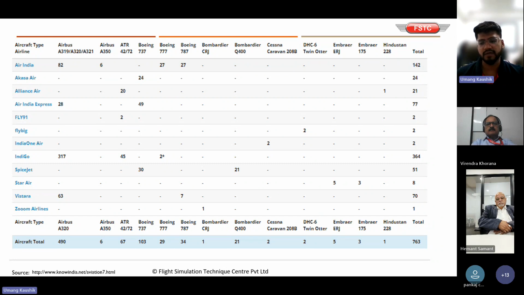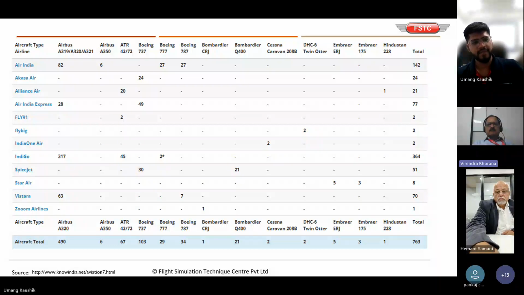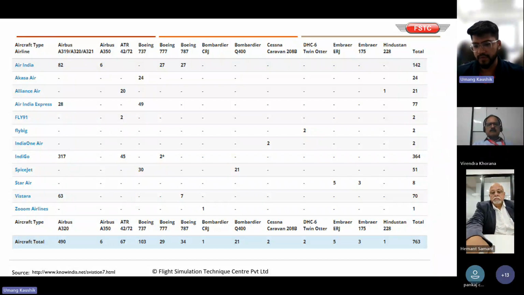New generation of aircraft, capacity, composite body. New engine, GEnx, 777 is larger.